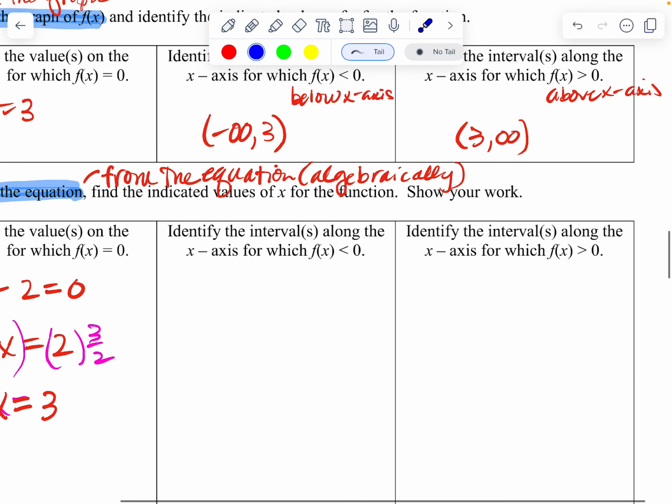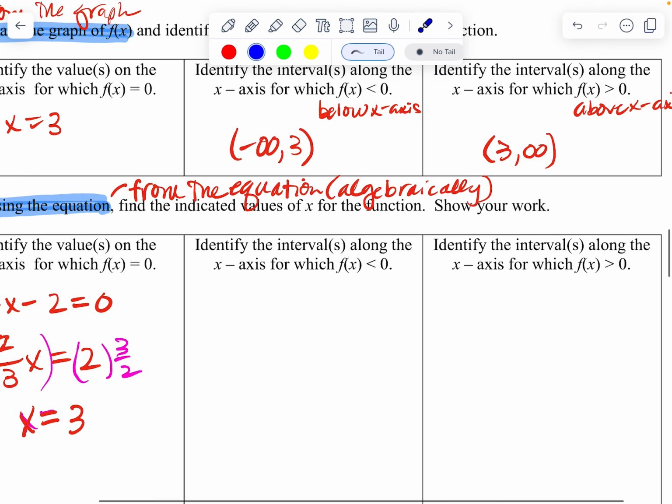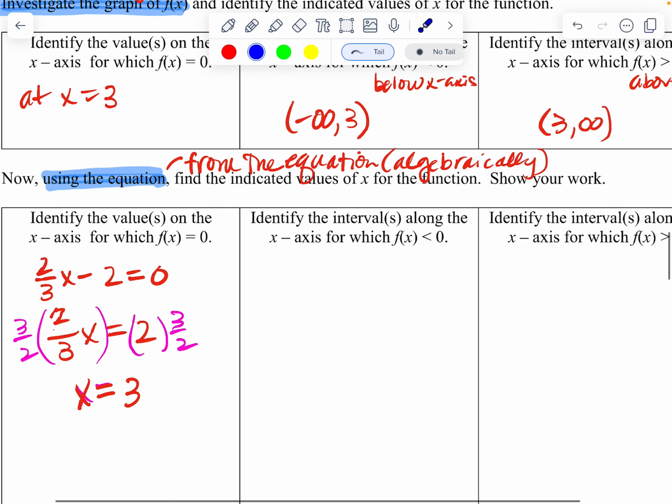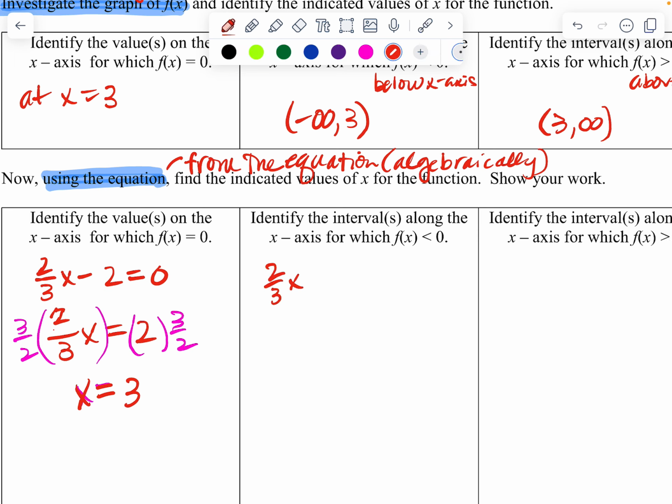All right, identify the interval along the x-axis where f of x is less than 0. We're going to solve the equation the same way. 2/3 x minus 2 is less than 0. 2/3 x has to be less than 2. We multiply both sides by the reciprocal. We get x has to be less than 3.